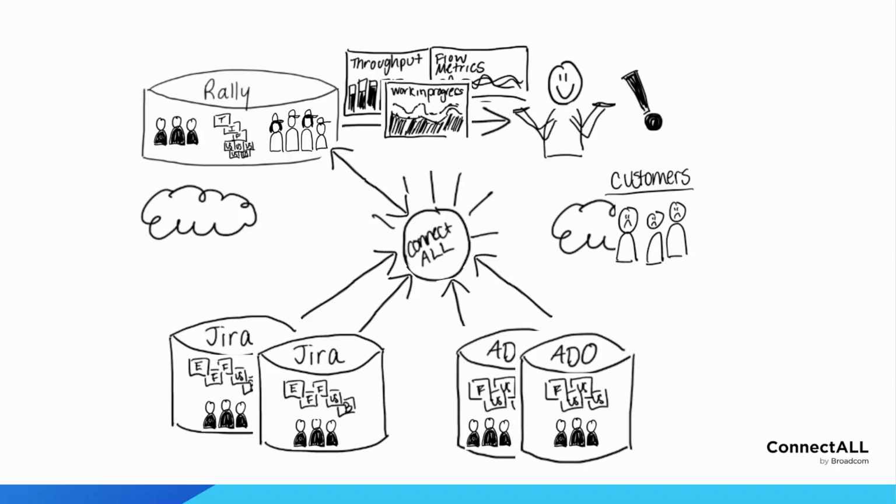Now leadership is happy because they get the clarity they need to make timely decisions and align strategic initiatives. Teams can focus on productive engineering work, not on manual data entry and report reconciliation. And the customer is happy too, because we're delivering exactly what they need.